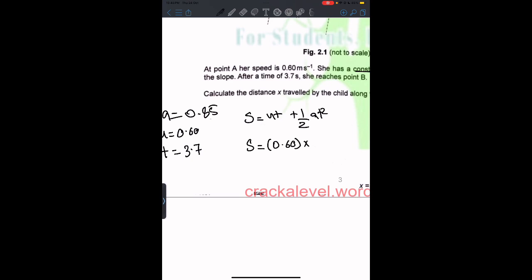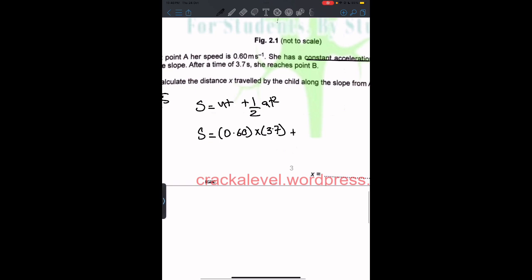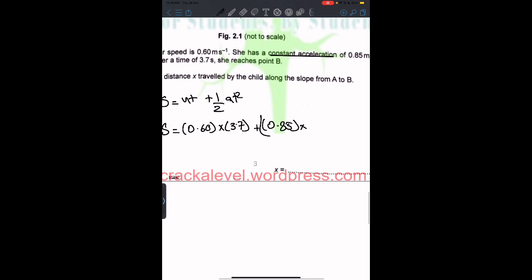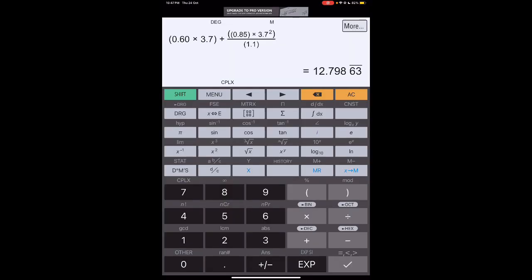So s is just going to be 0.60 into t, which is 3.7, plus 0.85 into, I'll put a bigger bracket here, sorry, 3.7 squared upon 2. That gives 12.79.